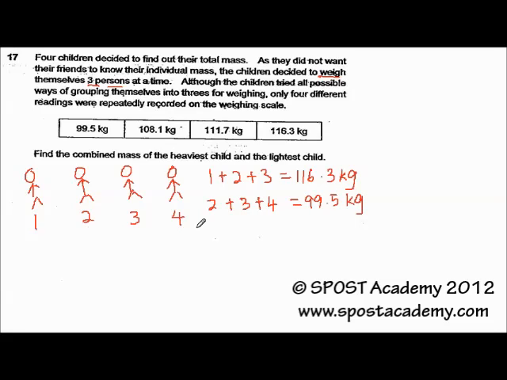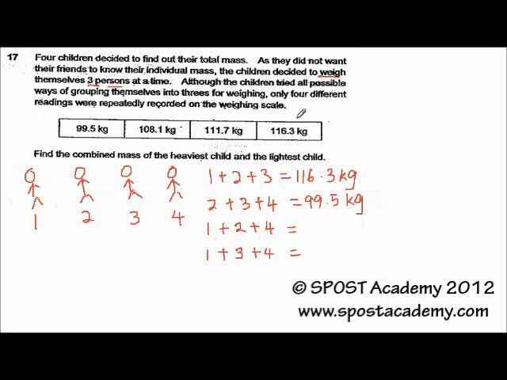The other options would be when I weigh the heaviest plus the second heaviest plus the lightest, or when I weigh the heaviest plus the third heaviest and the lightest. Since the second is heavier than the third, the total mass over here should be larger than the total mass over here.